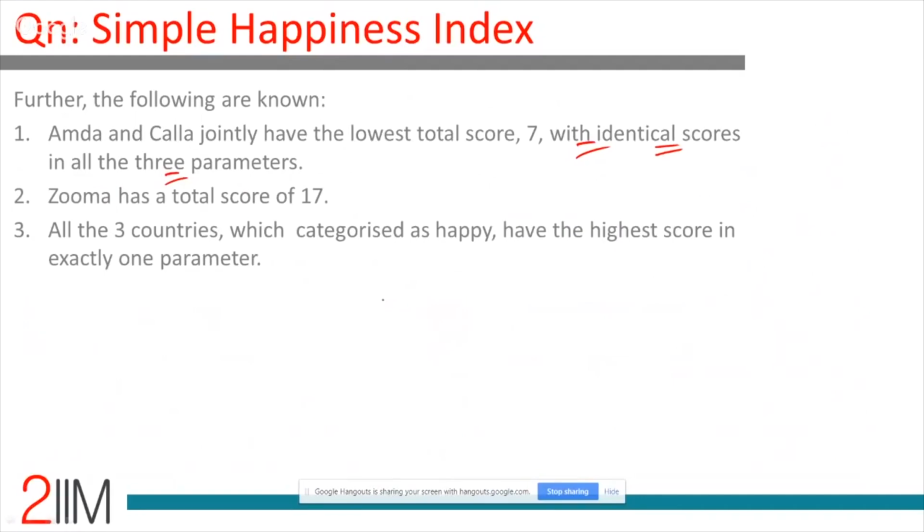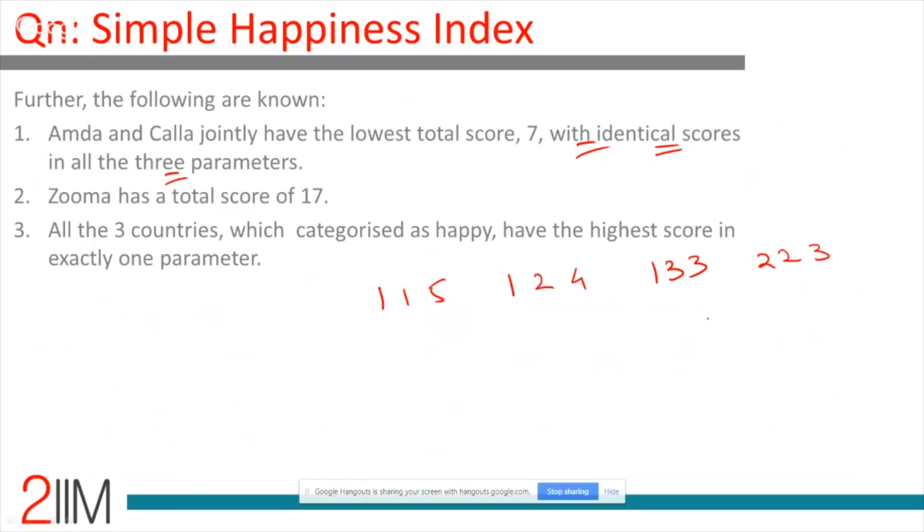Total score is 7. You can get a 115 in some order, not choosing the order. And so, or 124 or 133 or 223 in some order. 115 could be 151, 511. 115, 124, 133, 223.